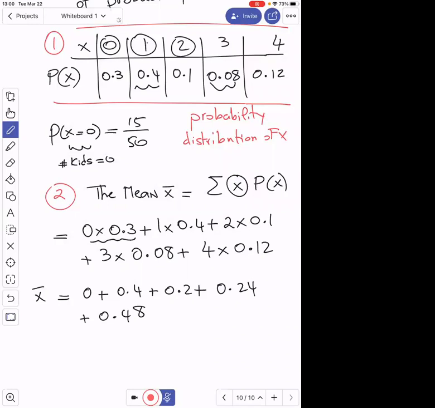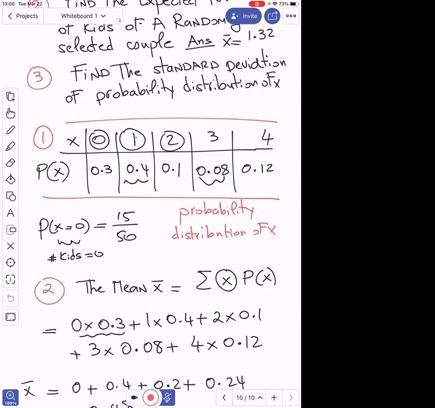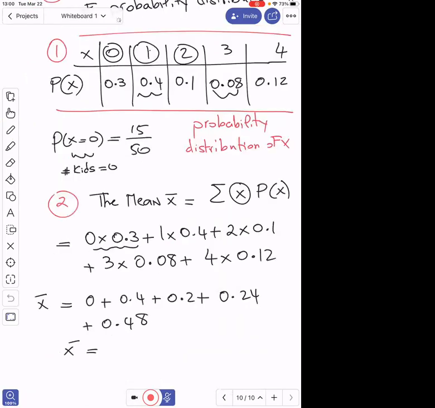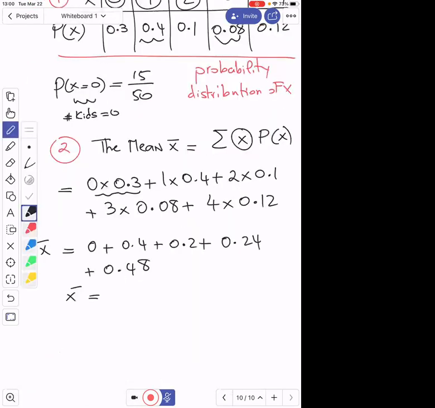All right, so then X bar, the sum is 1.32. So the X bar is 1.32. So what we are saying here is that if you select a random couple, then what you expect as a number of kids is 1.32. Okay.